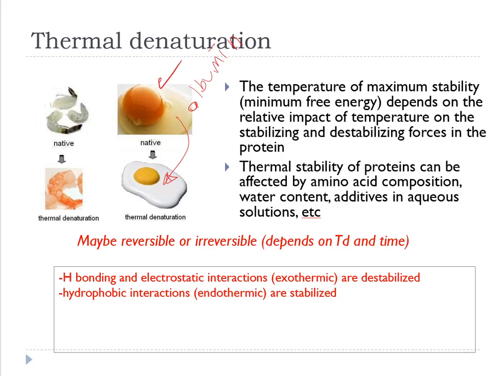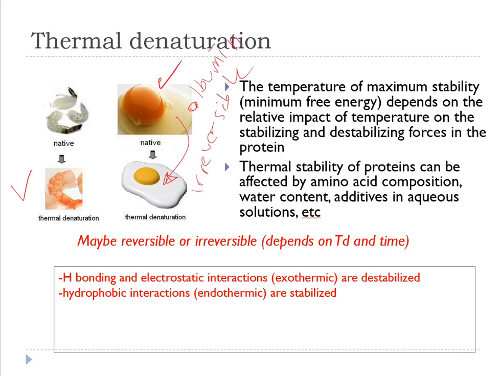Heat denatured the albumin protein in the egg white, and it broke apart some of the bonds, mostly hydrogen bonds, that were holding the proteins in the original shape. And that process is irreversible. Also, this one is irreversible too.